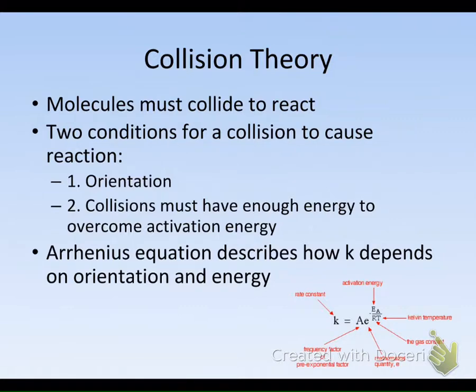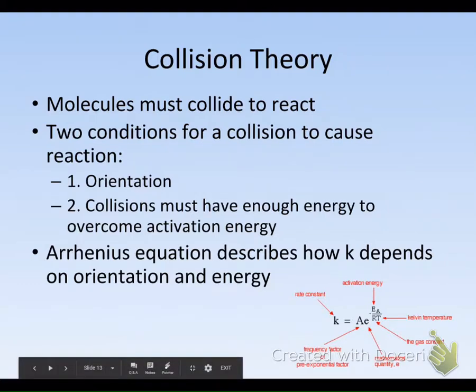And then the Arrhenius equation, which we'll look at more when we study temperature effects, goes into some more detail and allows us to quantify these effects. If you look at this, it's a way to calculate the rate constant. And we have a few variables here. A is the frequency factor. That's kind of like how often the collisions happen.